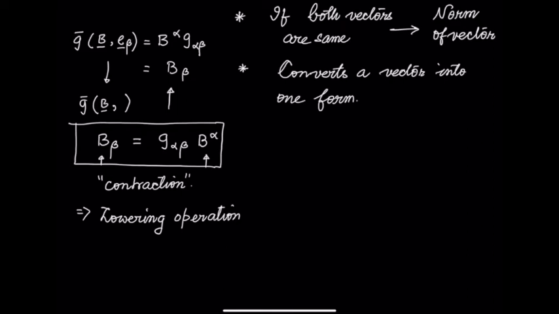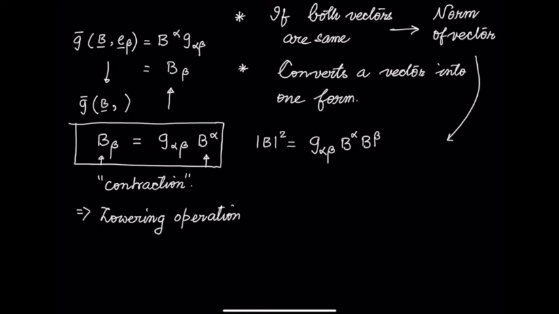Okay, so these are the properties of the metric. And the norm, let me remind you, is G alpha beta B alpha B beta.